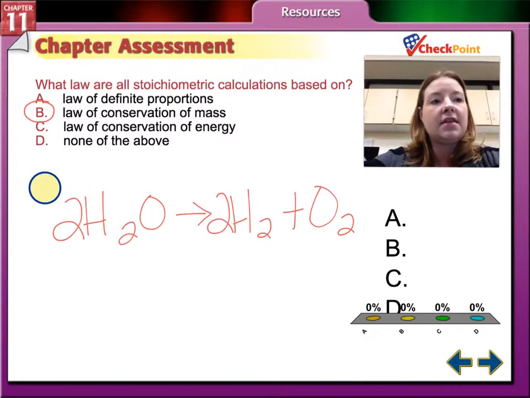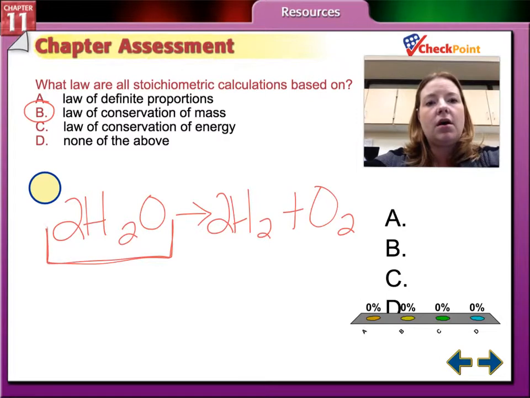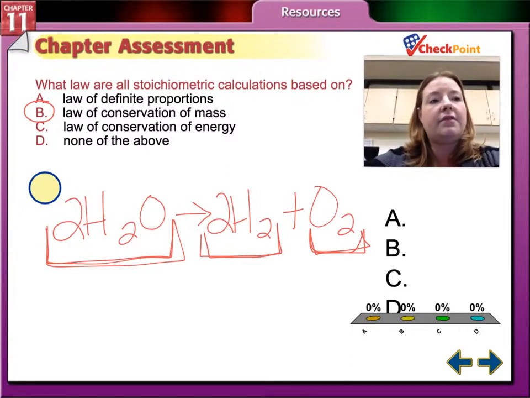So you can see that everything kind of balances. If I take the mass here of 2 moles of water, that actually would be equal to 2 moles of hydrogen gas plus 1 mole of oxygen gas. And so we've seen already that the law of conservation of mass plays into role here.